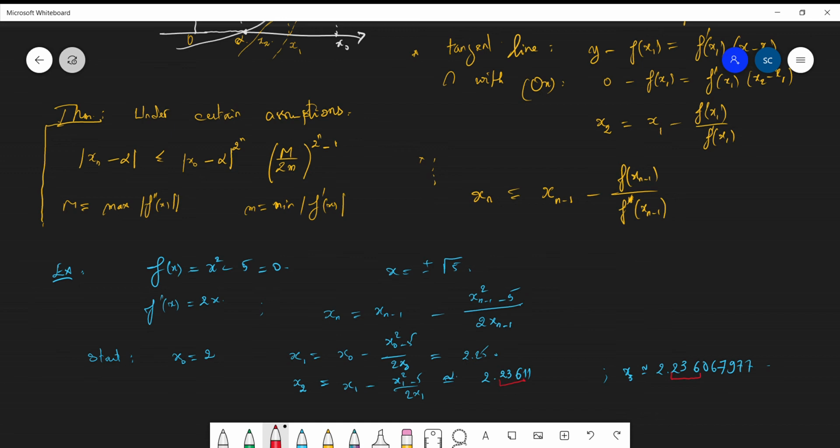Keep in mind that it works if you are under the assumptions of the theorem.